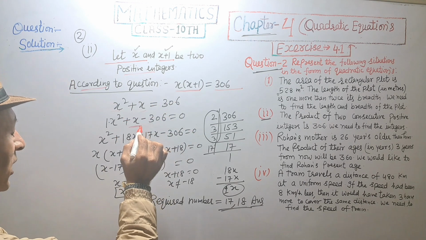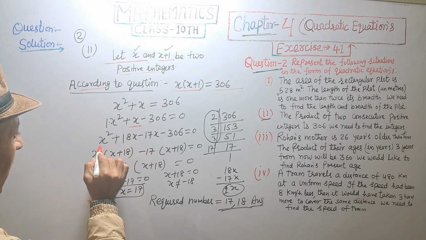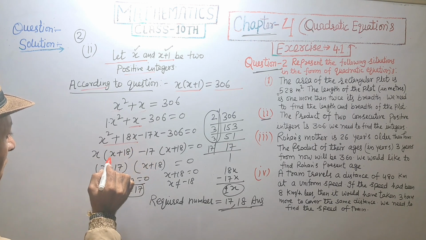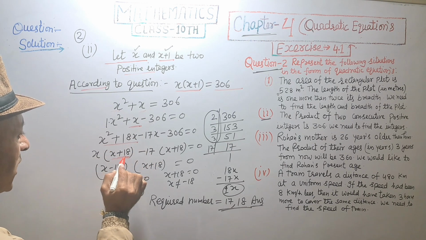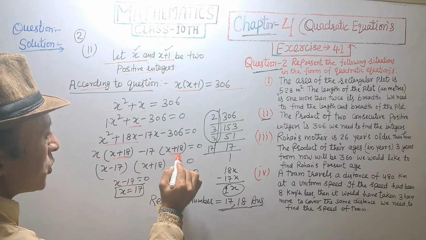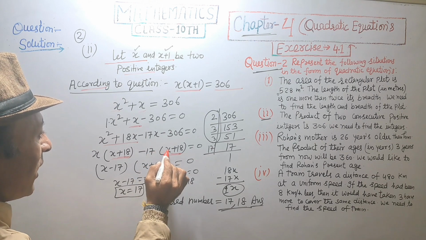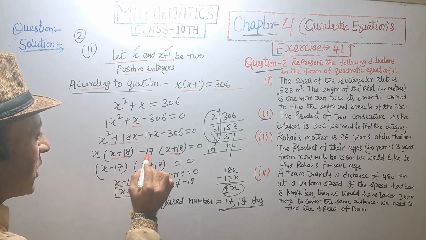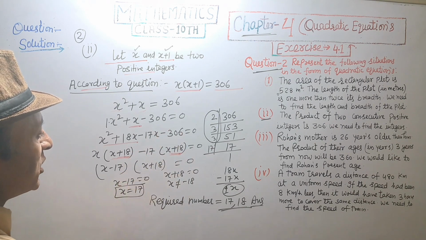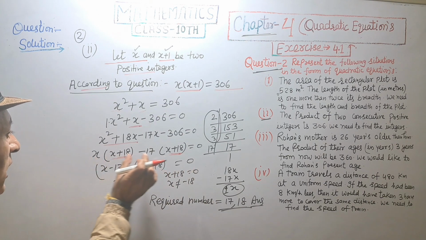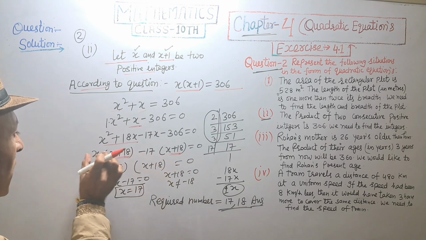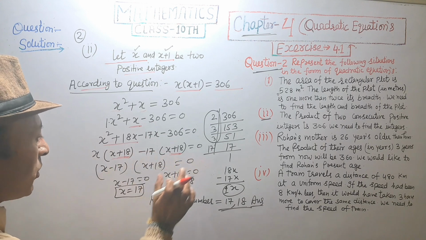So by middle term splitting, we get x is common, and in bracket x plus 18. x plus 18 is also in bracket, and 17 is common. 17 multiplied by x is 17x, and 17 multiplied by 18 is 306 equal to 0. Common is x plus 18, and x minus 17 is equal to 0.